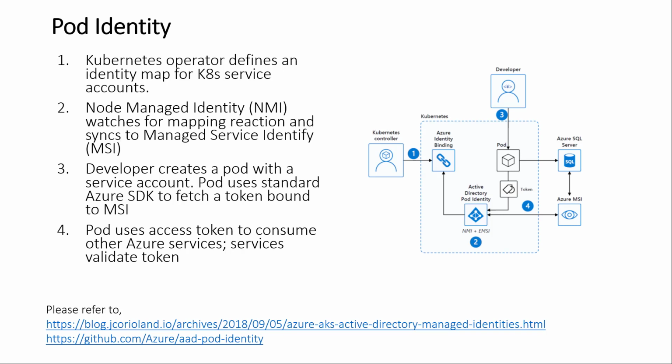Basically, when you are trying to consume resources outside the AKS cluster in Azure, for example, Azure SQL or CosmosDB or storage, you can pretty much use these pod identities without actually passing a different authentication in your code, right?